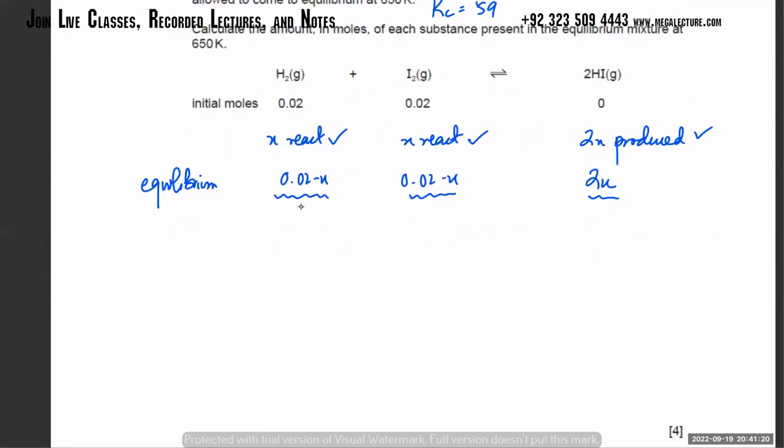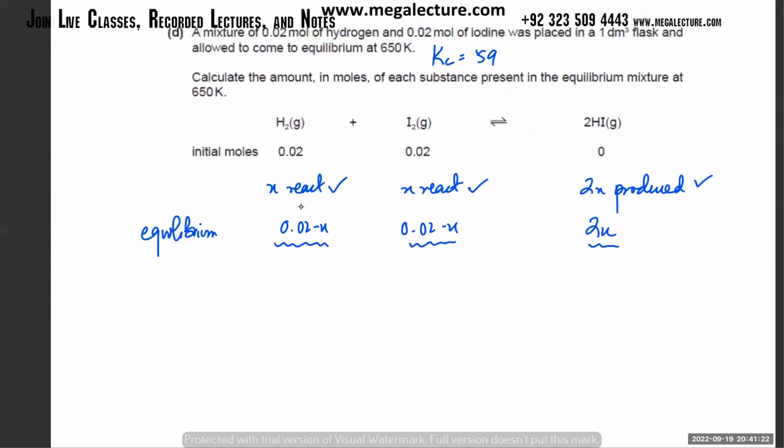Now you just have to find, they already know the value of Kc. For Kc, do you use moles, concentration, or moles directly? Moles. Although you can find concentration as well. They gave us the volume as well, 1 dm cube, but it was kind of pointless. Dividing by 1 dm cube would be the same thing. You can also use moles directly because the volume part will get cancelled out anyways.